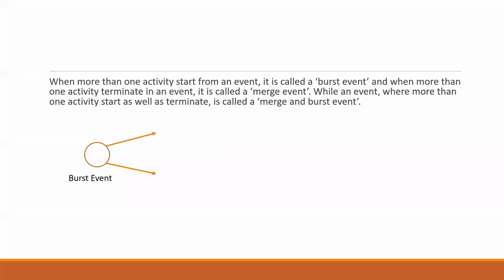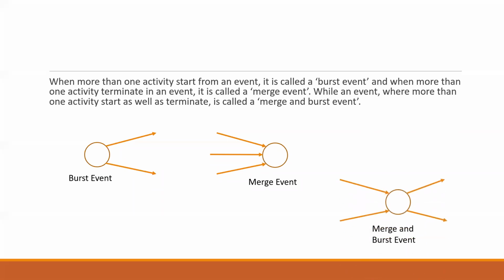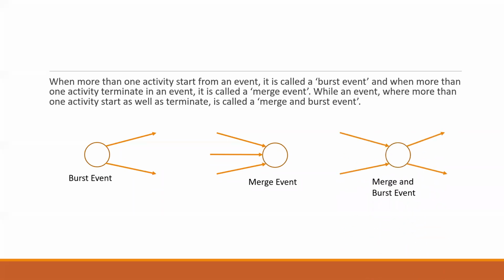There can also be a case where multiple activities terminate in one node, which, as you can see in the diagram here, is known as a merge event. We can also have a combination of the burst event and the merge event, with multiple activities merging in one node and also bursting from that same node. So you can have nodes or relationships like this, based on your activities.